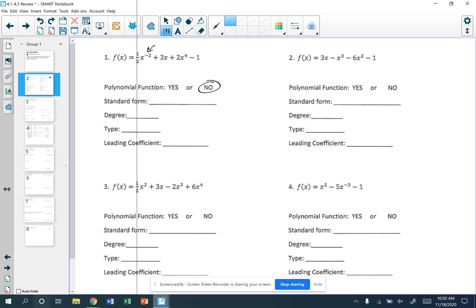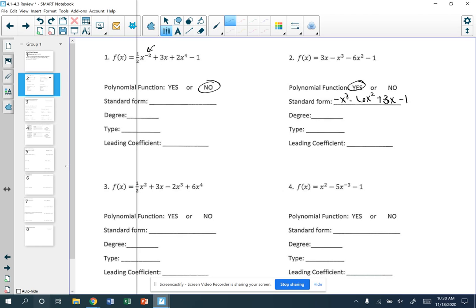Moving on to number 2. All our coefficients are real and all of our exponents are whole. So yes, this is a polynomial. I'm going to go ahead and write this in standard form. Remember, in standard form, we start with the highest power and then continue with the next highest all the way until we reach our constant term.